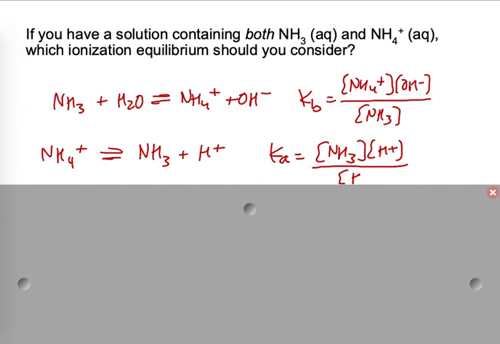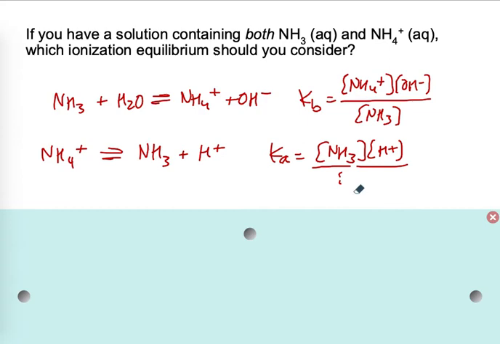So the question is, and this is kind of an important question, which one of these two equilibria should you consider? Well, I'm going to say this literally 10,000 times in this unit. It doesn't matter. It makes no difference whatsoever whether you consider a solution of ammonia and ammonium as being governed by the weak base ionization of ammonia as governed by the Kb expression, or the weak acid ionization of ammonium as governed by the Ka expression.